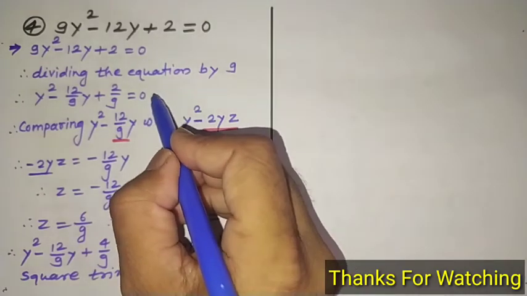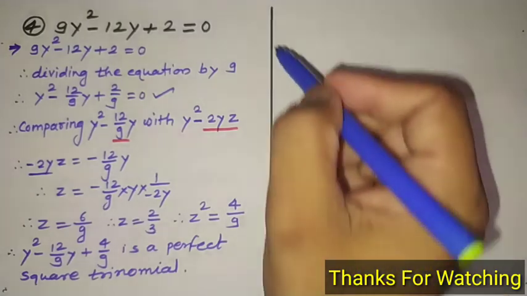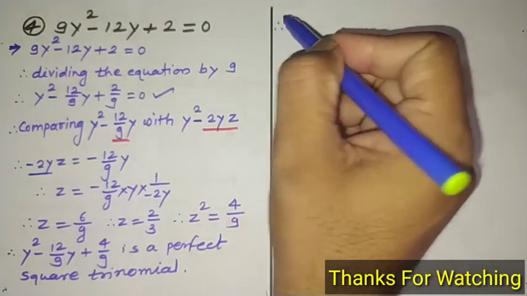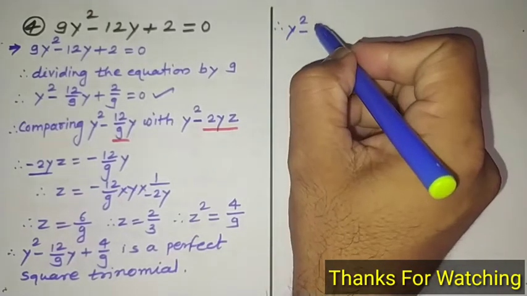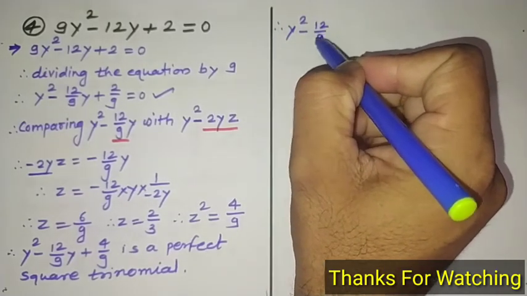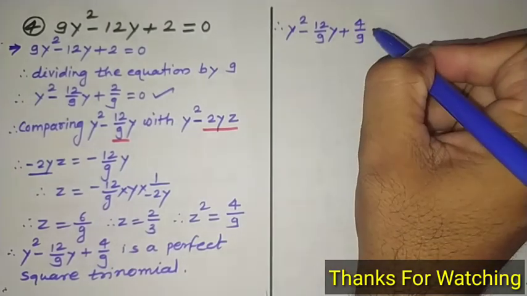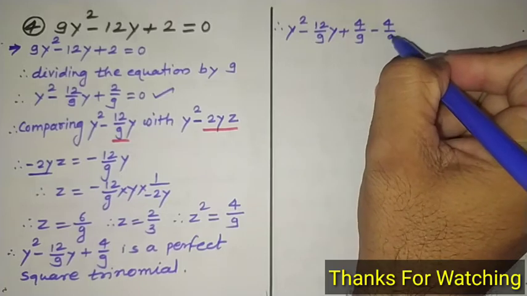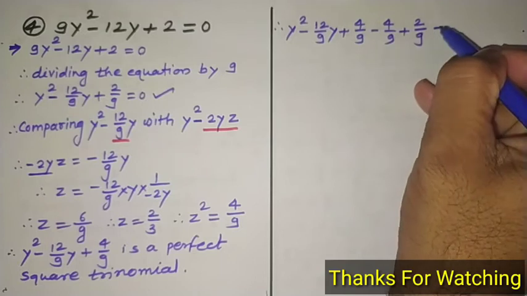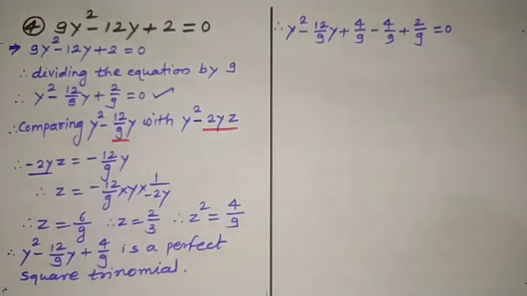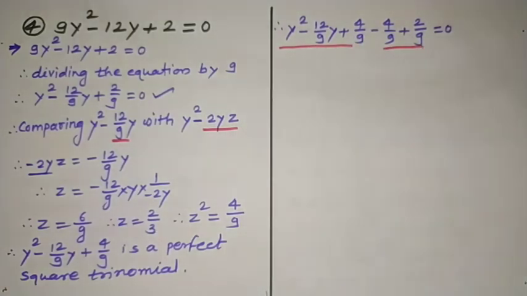In this equation, add 4 upon 9 and subtract 4 upon 9. Therefore y square minus 12 upon 9y plus 4 upon 9 minus 4 upon 9 plus 2 upon 9 is equal to 0. Write these three terms in square format and these two terms separately.